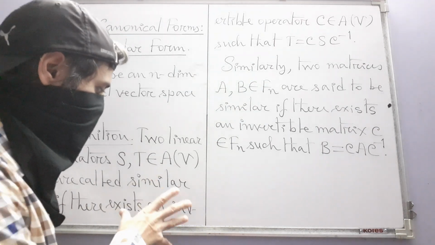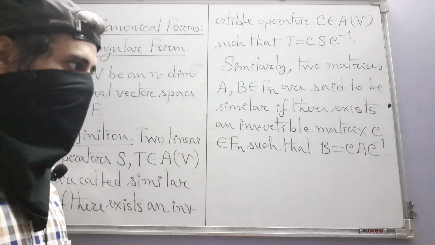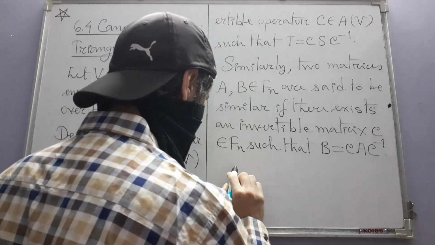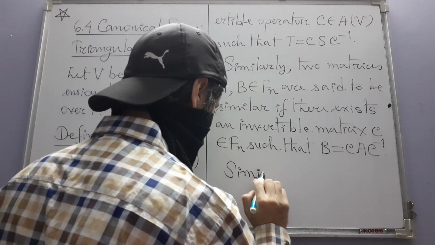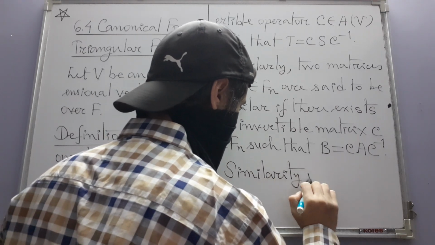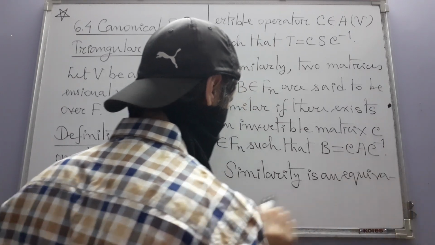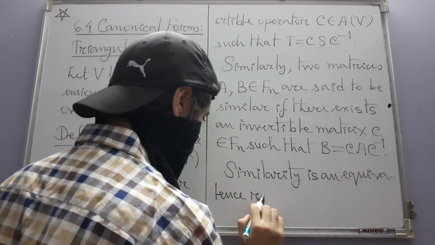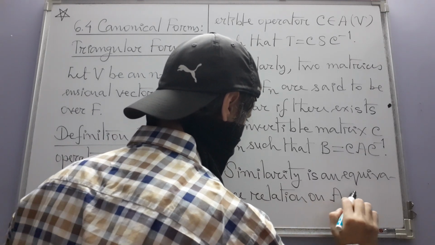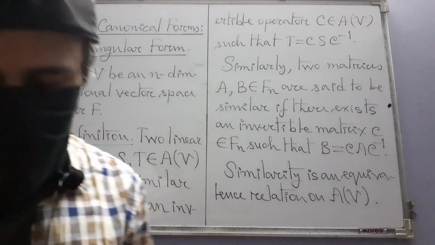Now, this relation, it turns out, is an equivalence relation on this algebra. In fact, that's very easy to see. Let's just go through the details. Similarity is an equivalence relation on A of V. How shall we prove this?